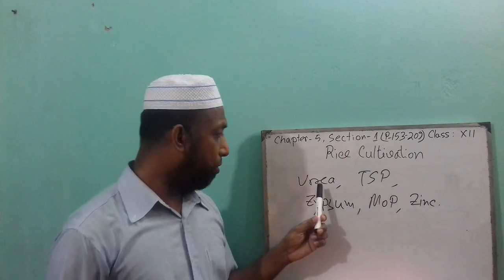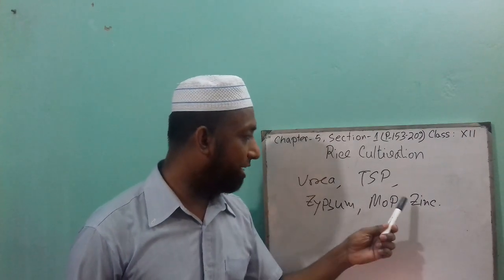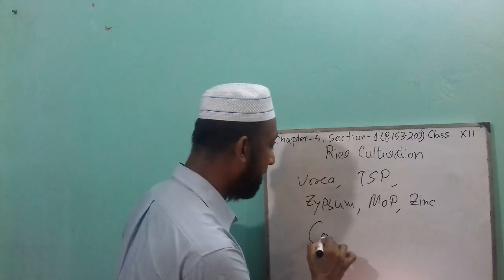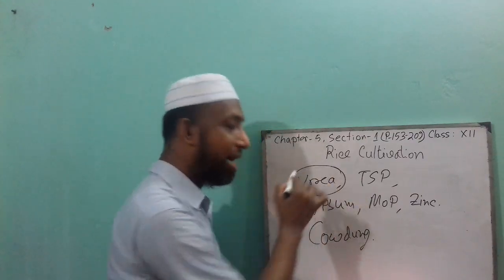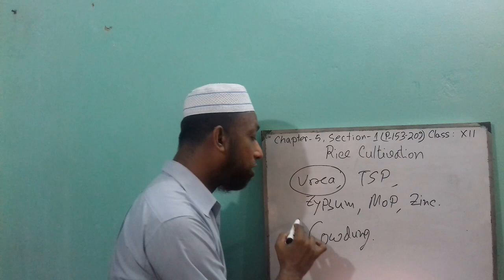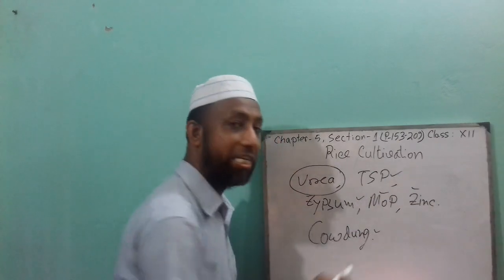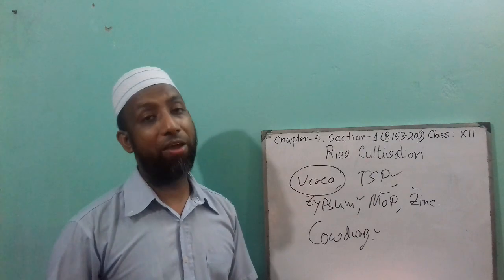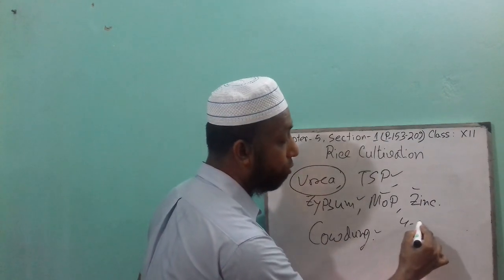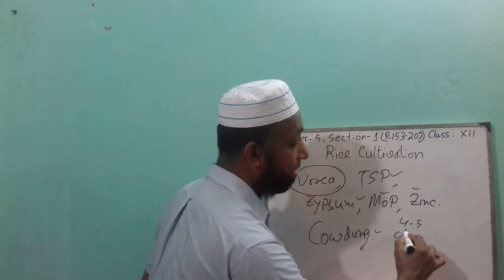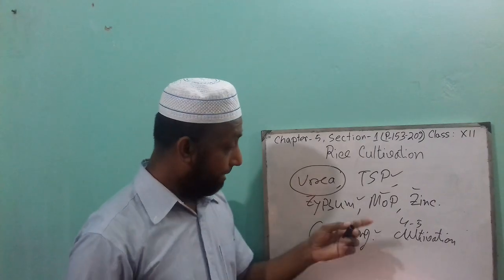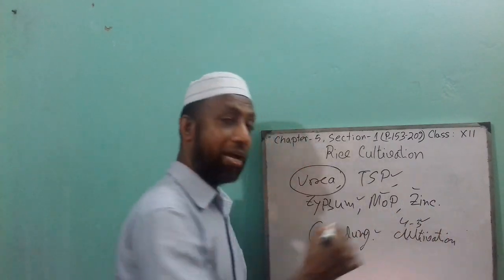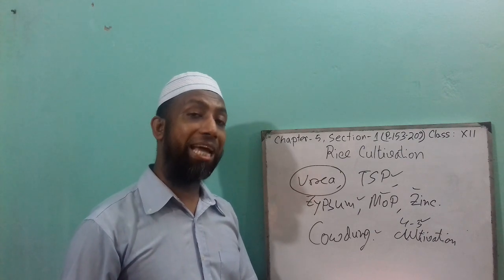So when you use urea, TSP, gypsum, MOP, zinc, sometimes some farmers apply cow dung or compost. Remember that except urea, we apply all types of fertilizer at the last ploughing. That means if you do 4 to 5 cultivations in the land, when you do the last cultivation, you apply all the fertilizer.